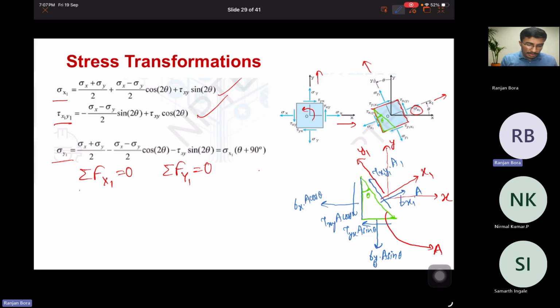Now we need to do the equilibrium along the x1 direction. First we write sigma x1 dot A, and the component of sigma x A cos theta along the x1 direction, this angle is theta, will be minus sigma x A cos theta dot cos theta.